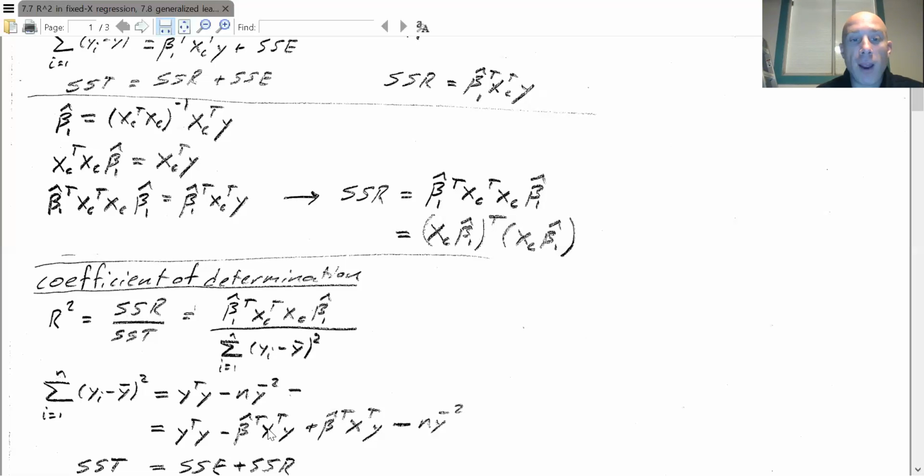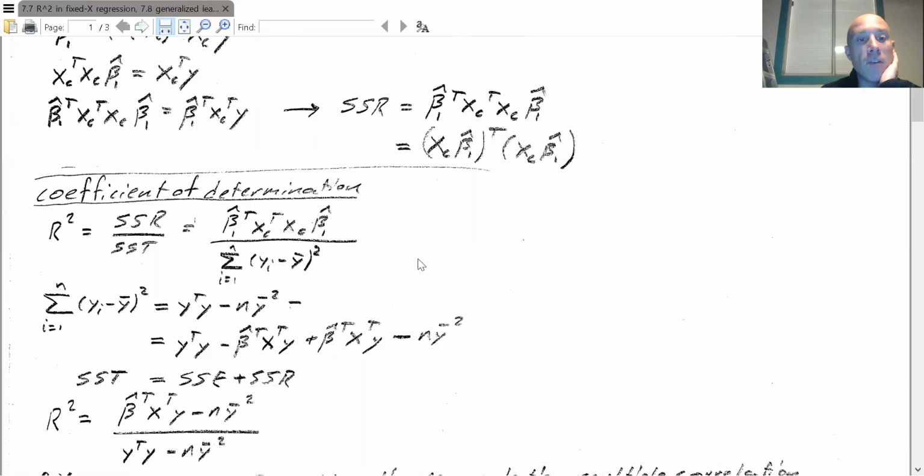I can add and subtract that in between here. And I can realize that this is another way to write sum of squares error and sum of squares regression. If I take this part here, this is my sum of squares regression, because this is the formula for sum of squares error.